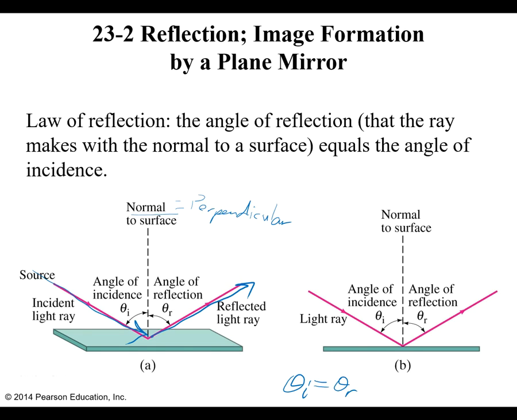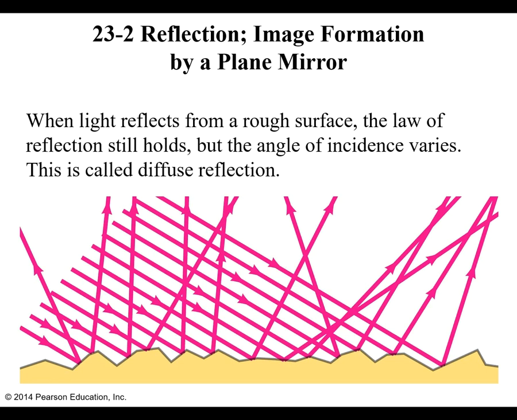And that's always the case, but sometimes you may not have an even surface. If you don't have an even surface, well, light will come in, even if the light is uniform, and it'll be really sporadic, because since the surface is uneven, you may have a perfect law of reflection here, a perfect law of reflection here, but every time the surface is at a different angle, which causes the reflection to happen at a different angle as well.